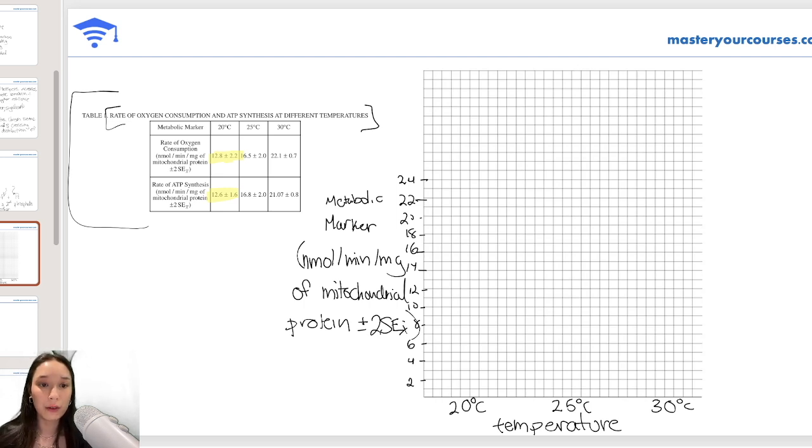So 12.8 for oxygen consumption. So this won't be the most accurate graph, but if you have 12 here, 12.8 should be around here. You can make them single bar, double bar, it doesn't really matter, whatever works best for you. So I just did 2 across just to make them a little bit easier to see.